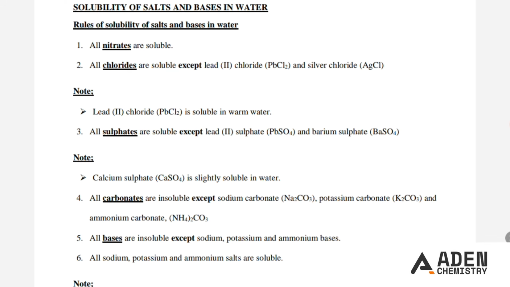So we have rules of solubility of salts and bases in water, and the first rule is that all nitrates are soluble. What do we mean by that? If a salt has the name nitrate, it is obviously soluble in water. For example, we can talk about metal nitrates.